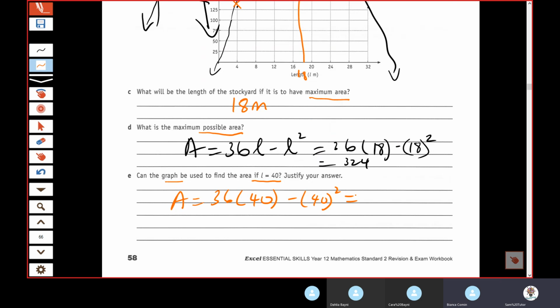And if it gives us something that makes sense, then sure, why not? But what does it give you? Oh, negative 160. You can't have a negative area. So the answer is no.